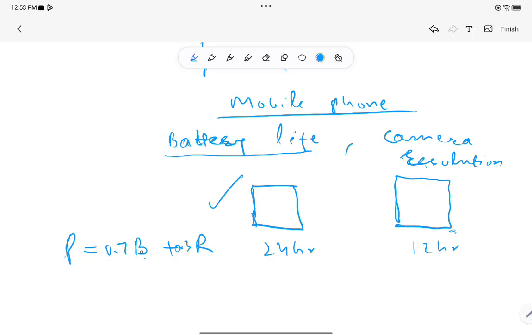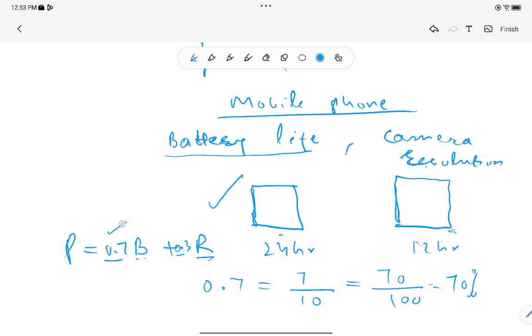So relative, this number shows the importance of this. How is this 70%? Simply 0.7 is equal to 7 by 10. When we eliminate the decimal, we get 7 by 10, that is equal to 70 by 100, and that is 70%. So you give 70% importance to this, 30% importance to this.